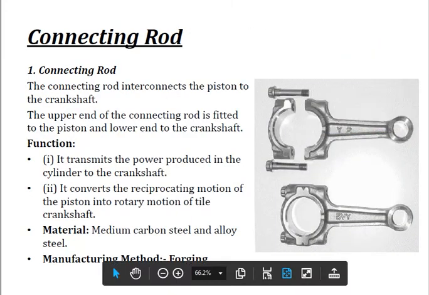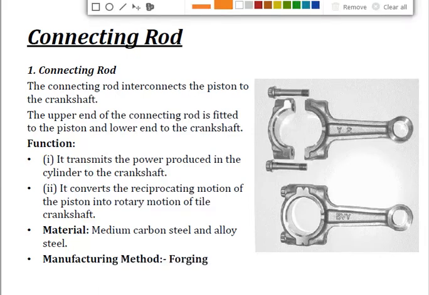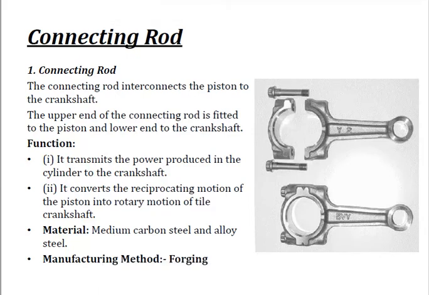Now the first component we are going to discuss today is the connecting rod. What is the function of the connecting rod? It basically connects the piston and the crankshaft. It is a very important component which helps to convert the reciprocatory motion into the rotary motion.